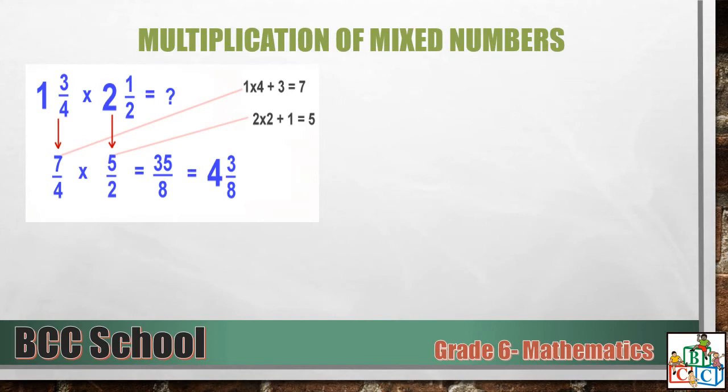Which means you will have to change the fractions into improper fractions. Your answer is 35/8, which you will reduce to its lowest term or convert to mixed number. Your answer will be 4 3/8.